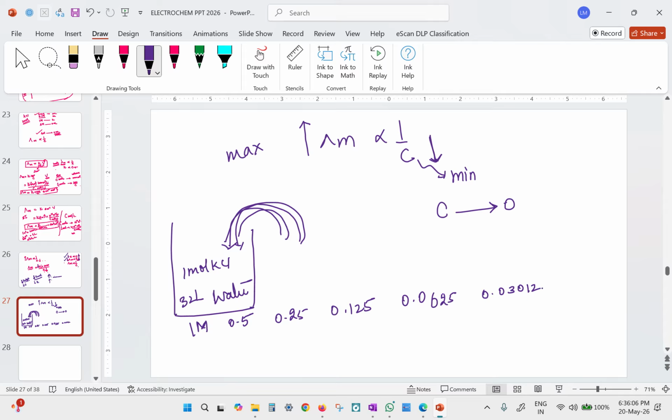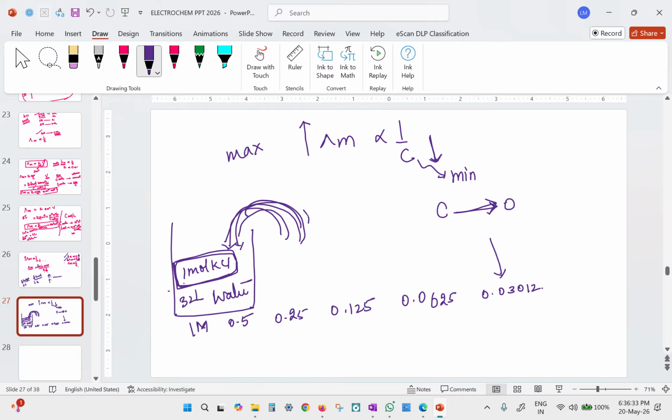This continues. But the 1 mole remains 1 mole of KCl. The only difference is that it was present in 1 liter, and now it is present in a large volume of water. So can you say that the concentration has become zero? No, not exactly.